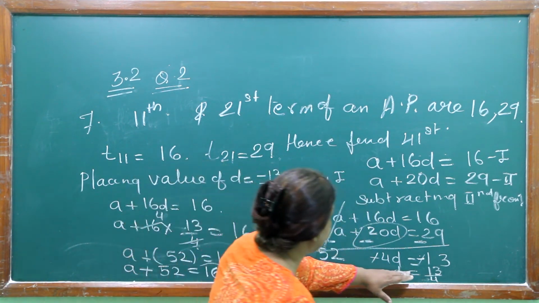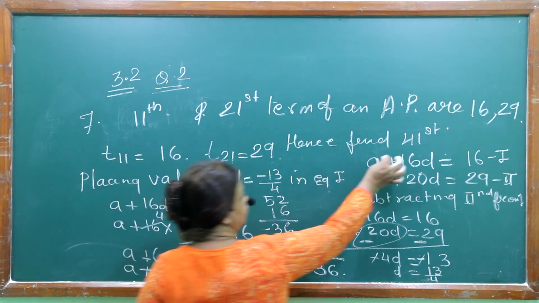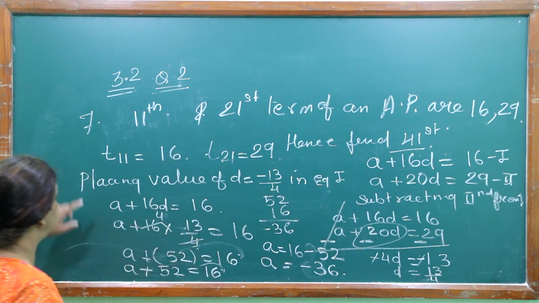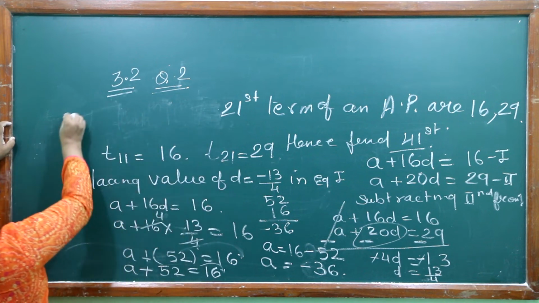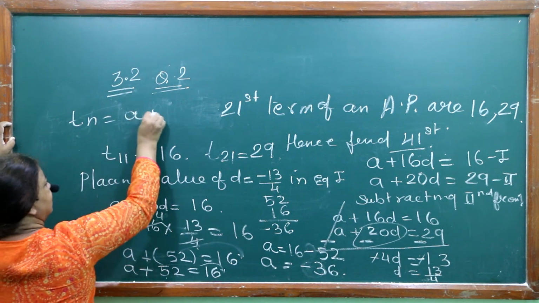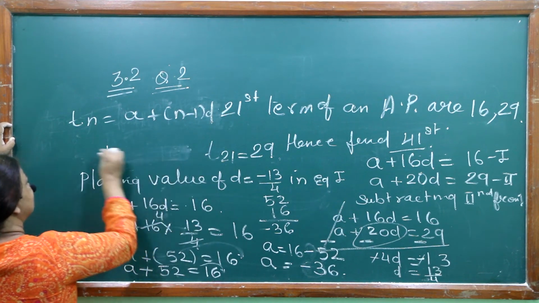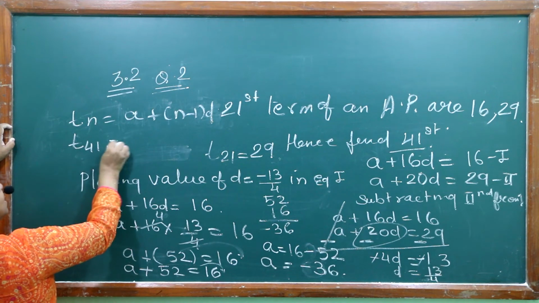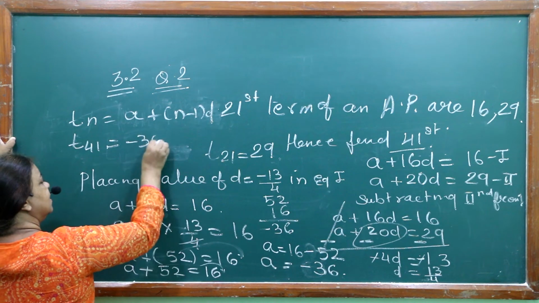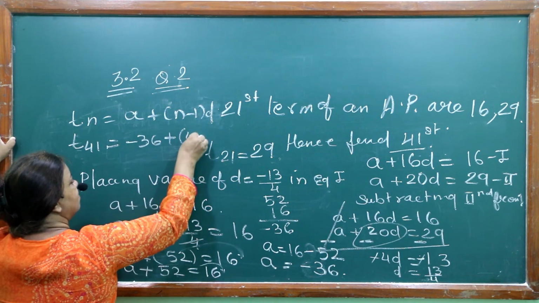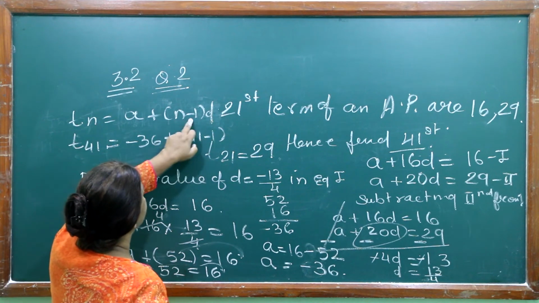Place the value of A and D in, now we want to find out 41st term. So if we want to find out 41st term, let me write the formula. Tn is equal to A plus n minus 1 into D, and I want to find out the 41st term. So T41 is equal to A. What is A value? A value is minus 36 plus 41 minus 1, because T41, so 41 minus 1, n.